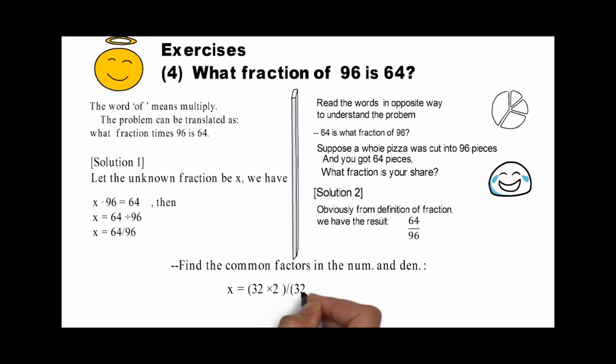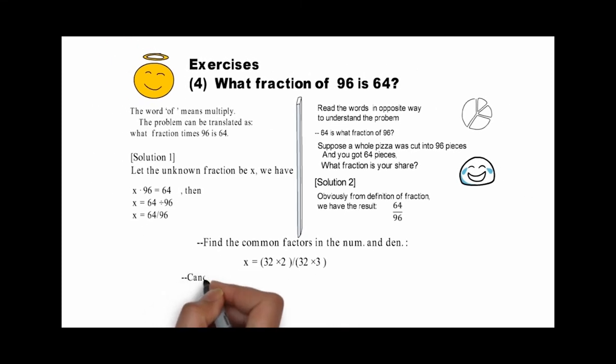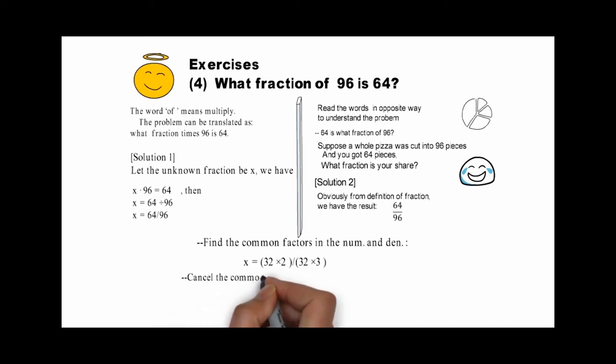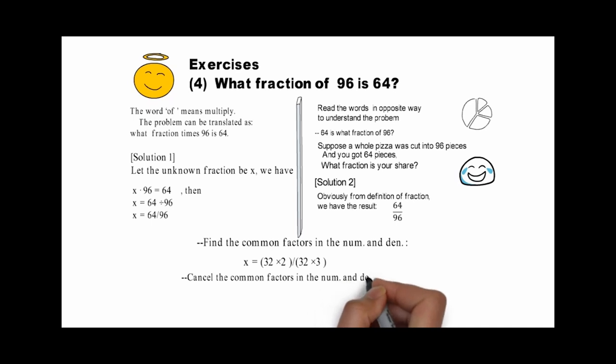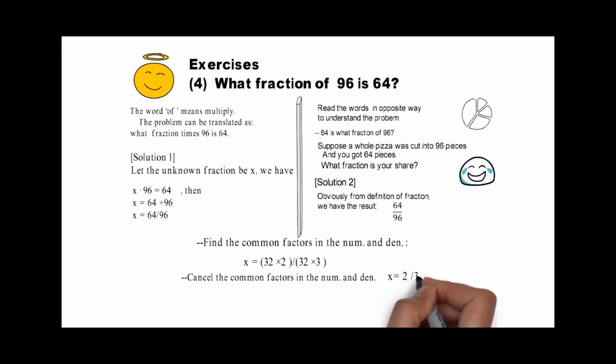And the denominator is 96. That equals 32 times 3. Now you can see that 32 is common to both the numerator and the denominator. And we can cancel that out. So if we cancel that out, x is equal to 2 over 3. And this fraction is in its simplest form. And this is our final answer.